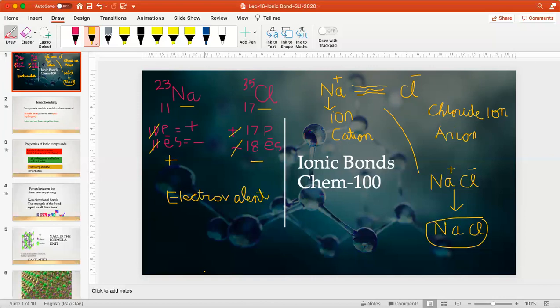So we basically have three different types of bonds: ionic bonds, covalent bonds, and metallic bonds. I'll give you a brief introduction of metallic bonds also, but it is not in your course right now. The course has been squeezed a little, so I will only focus on ionic bonds and covalent bonds.